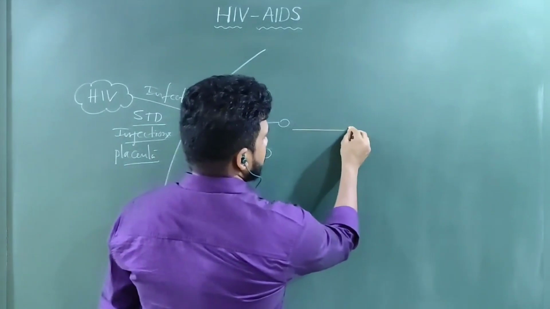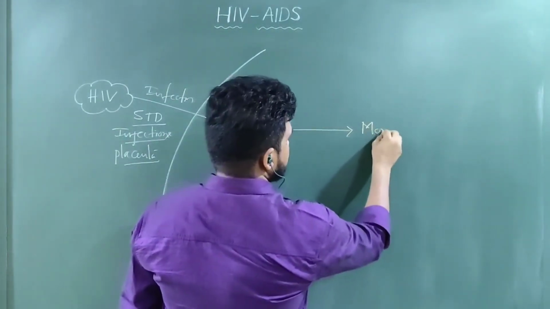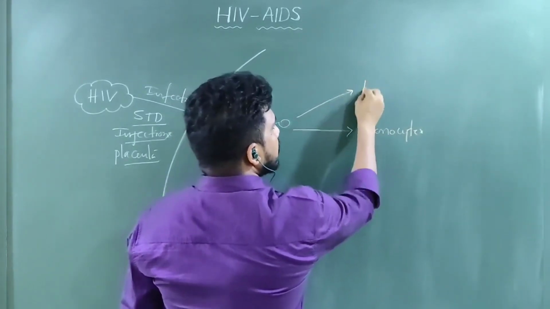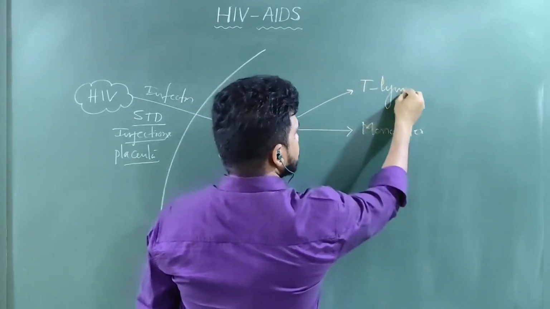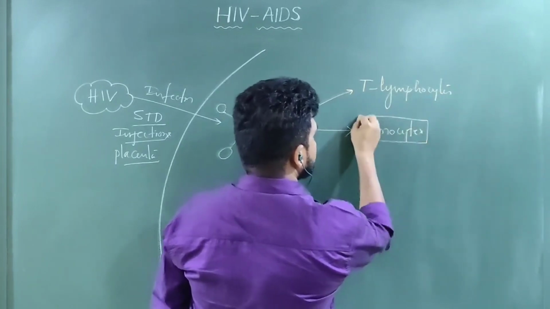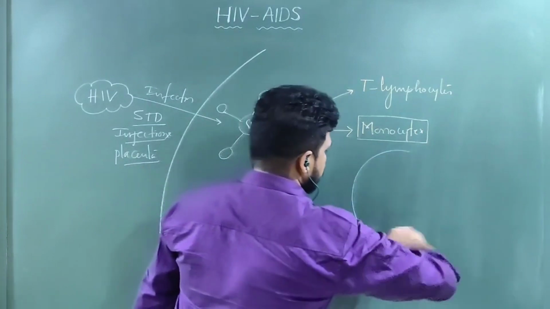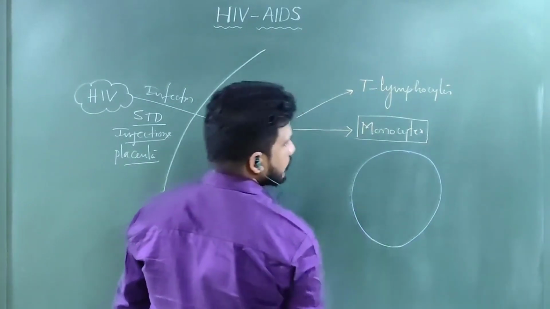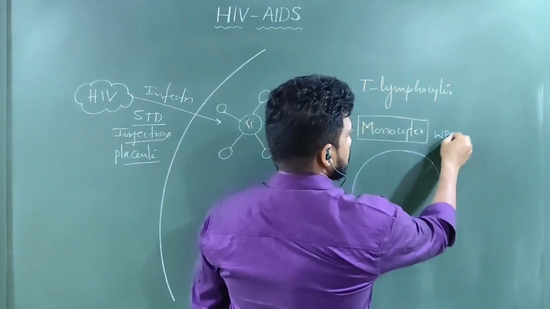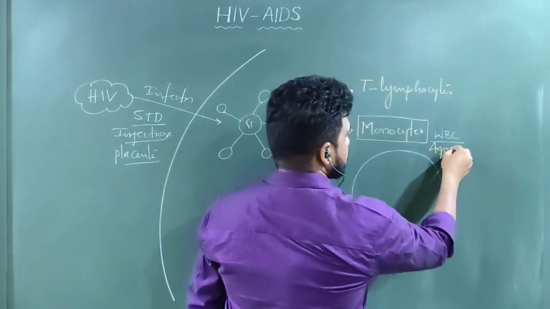So when they come, first they attack monocytes, and they also attack T lymphocytes. But in monocytes, what is going to happen? If this is the monocyte, a monocyte is nothing but a type of WBC which does not have granules, so it is called an agranulocyte.